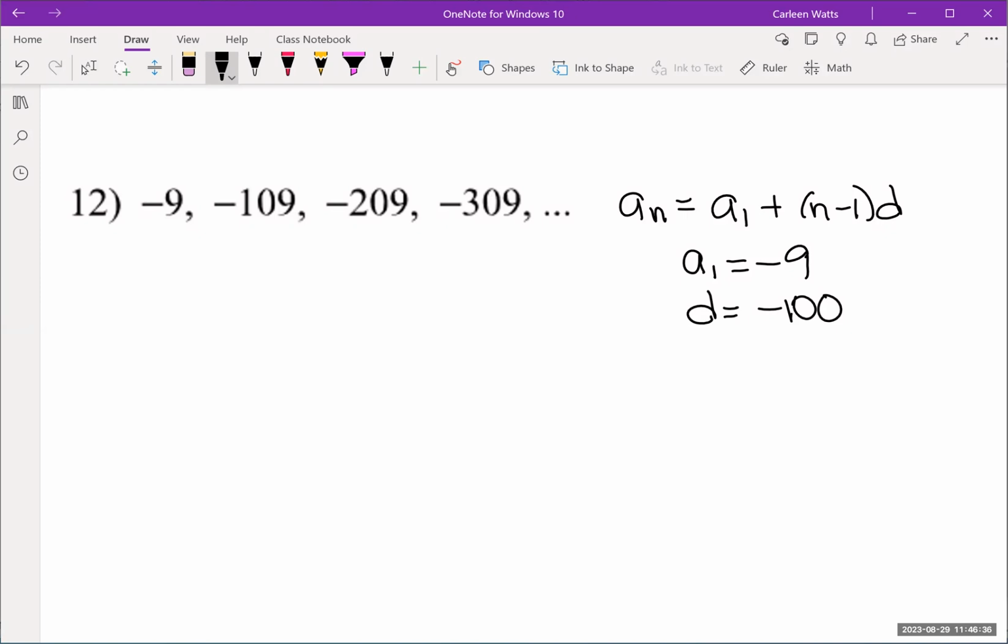Okay, plug it in. A sub n does not get plugged in. -9. N does not get plugged in. That is not, by the way, d is multiplied. Even though it's negative, that's not subtracting. Next step. Plug it in.